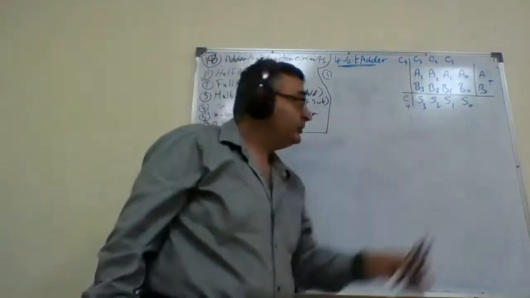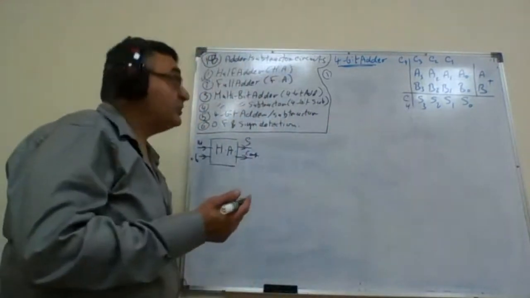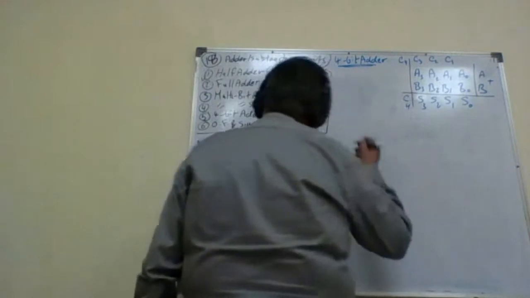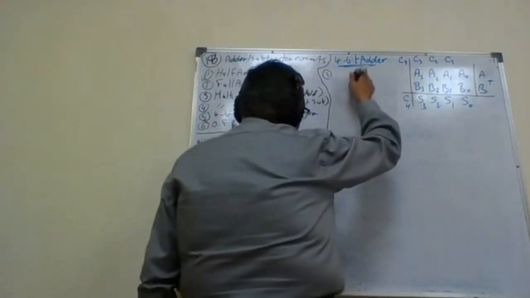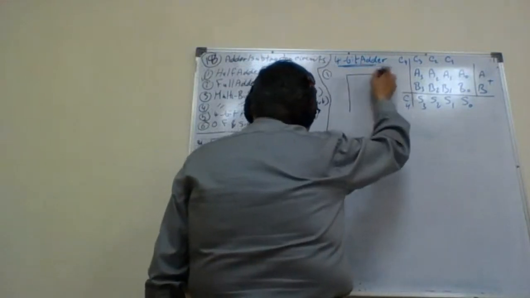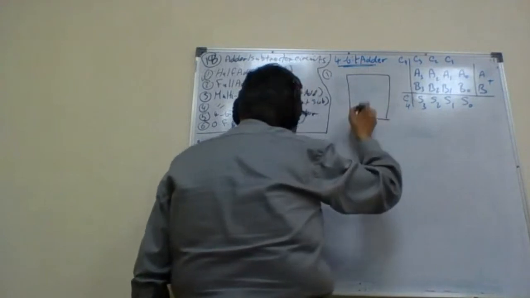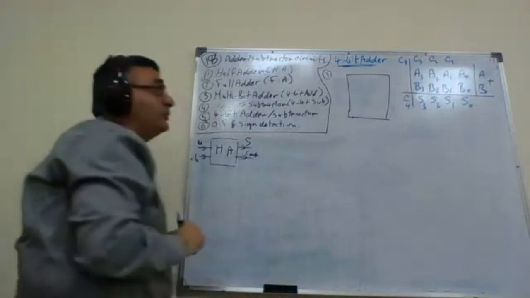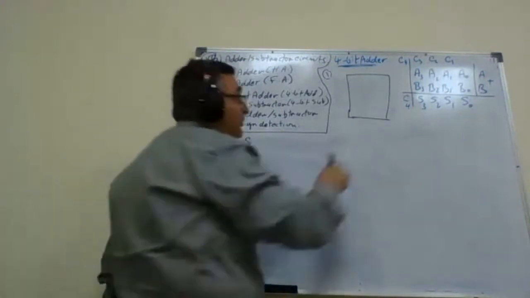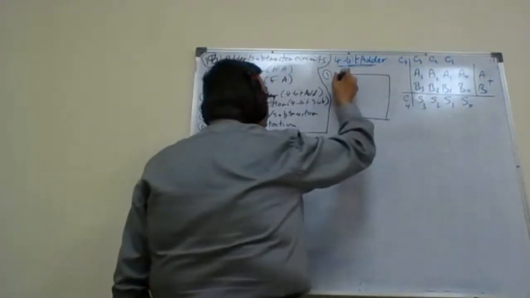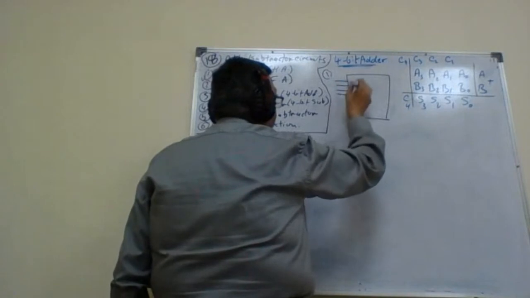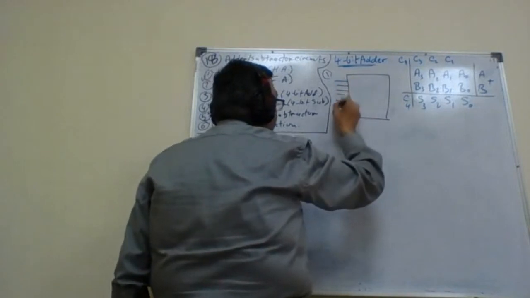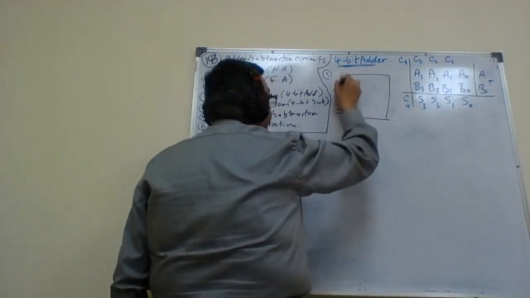But right now I need to build another block. This block looks bigger and more complex. Okay, the block to be designed here has the following inputs. How many inputs for that block? This block has 4 inputs from A, 4 inputs from B. Correct?